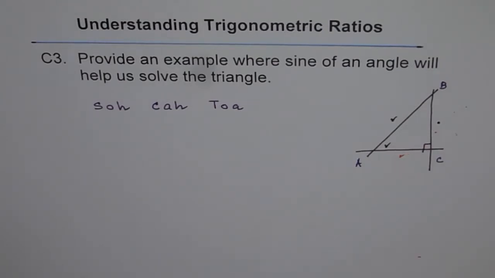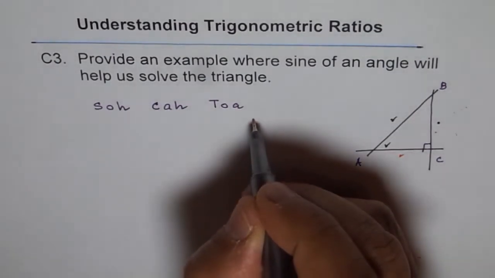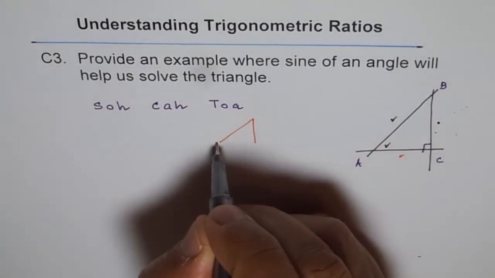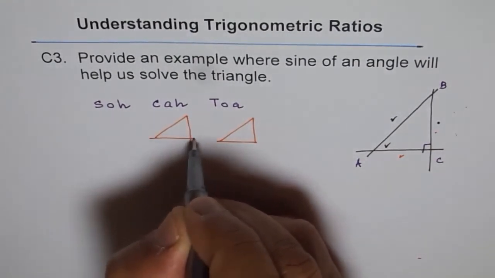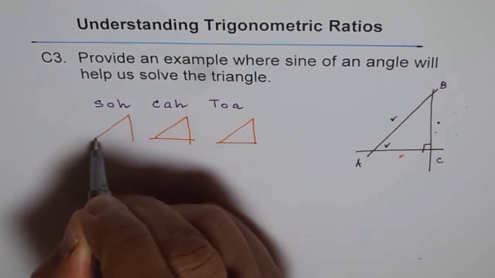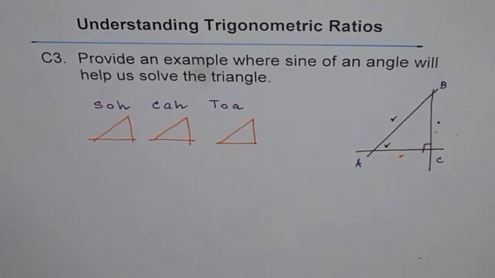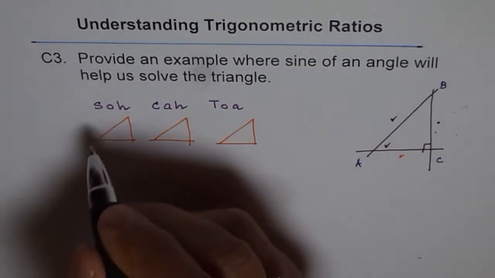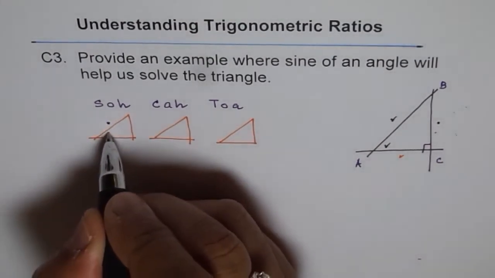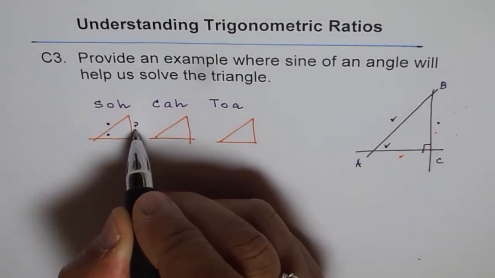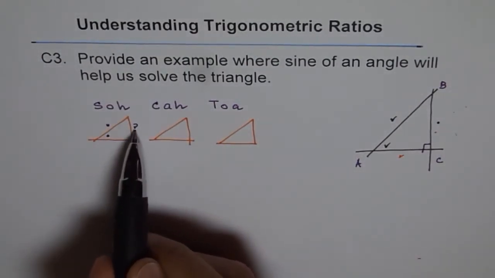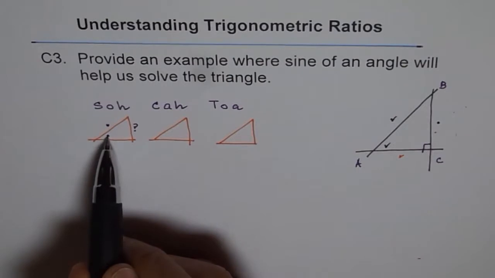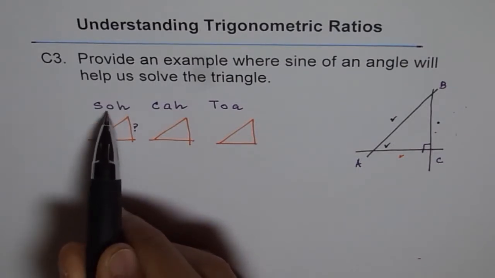So let me summarize it here. I'll make three different triangles and show you in which situation what should be used. We have some word problems in which one is given something here, and you have to find this. Since you are involving the opposite side, hypotenuse and the angle, the trigonometric ratio to be used is sine.